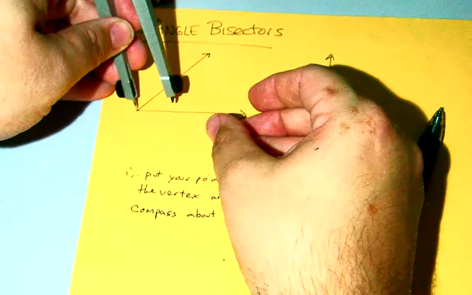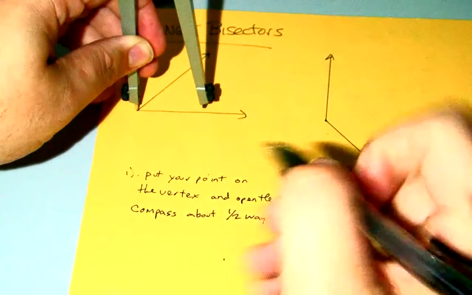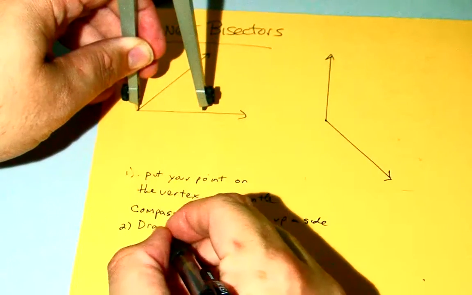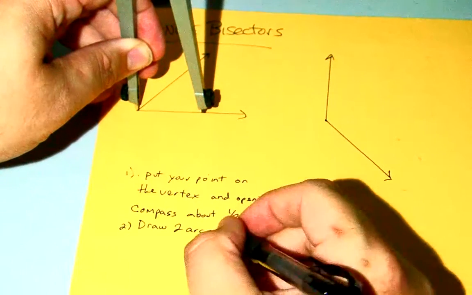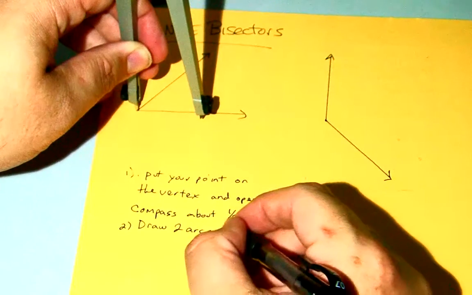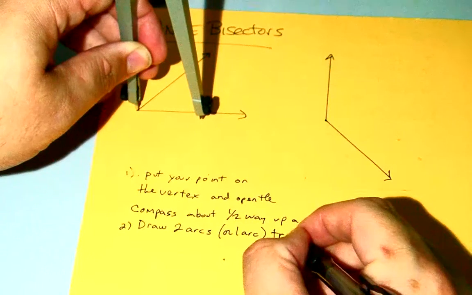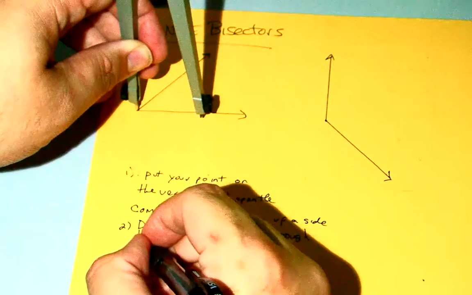So we're going to take our compass and open up about halfway up a side. The second thing we want to do, draw one arc through both sides.